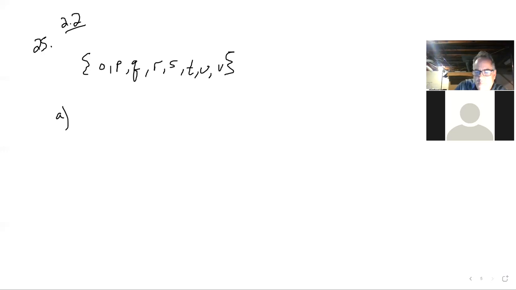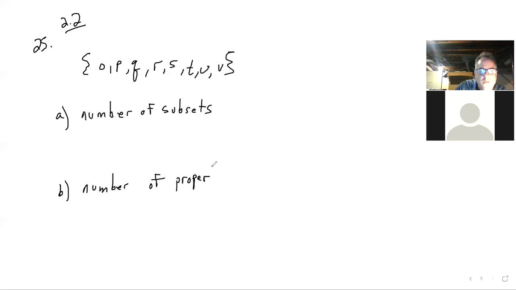A wants you to find the number of subsets. B wants you to find the number of proper subsets. The first thing you want to do is find the cardinality of the set. That is, how many elements do you have? I have 1, 2, 3, 4, 5, 6, 7, 8.